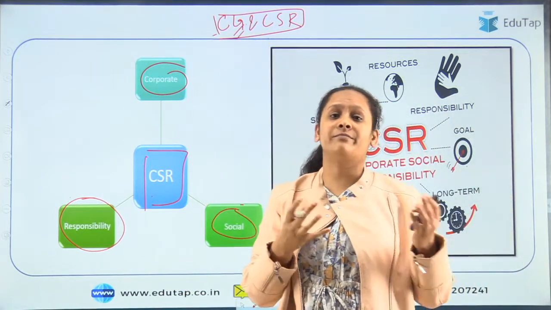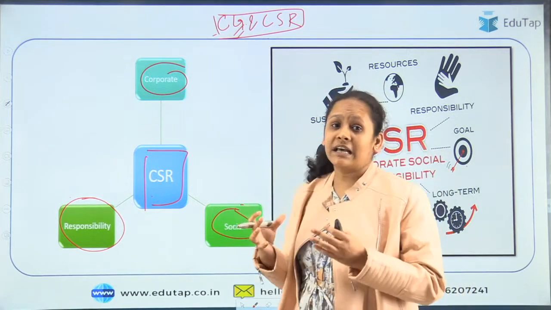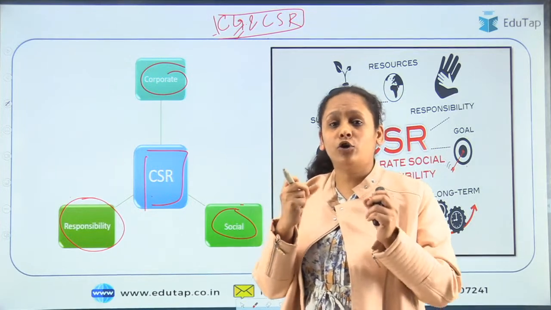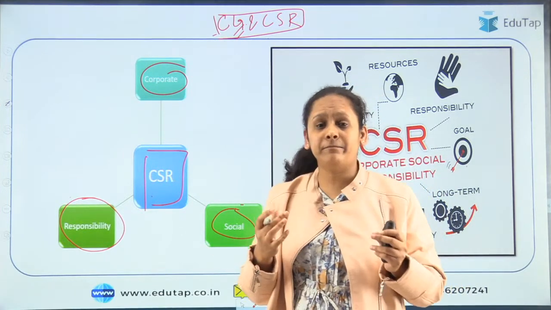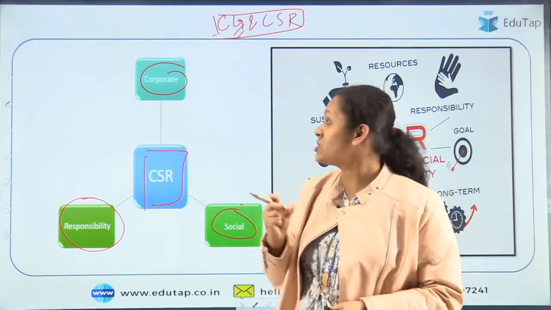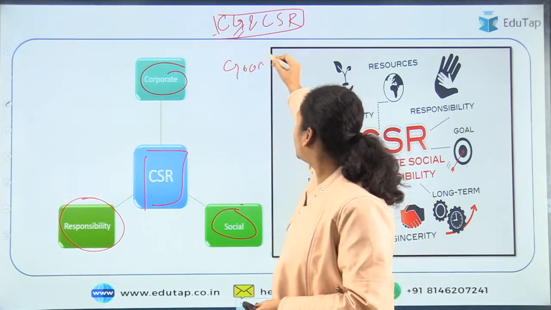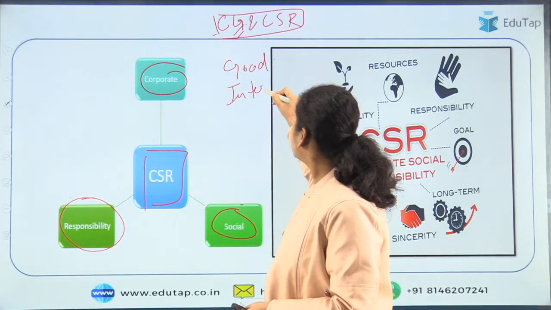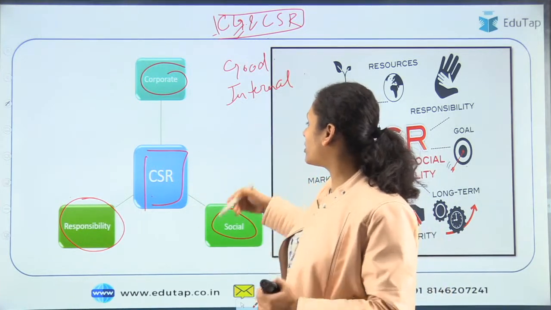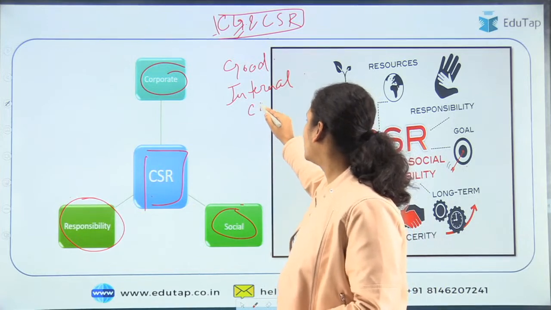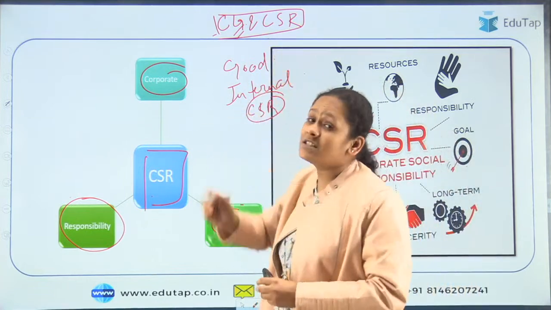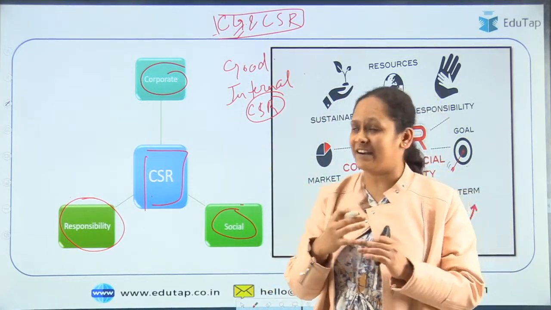It is the process or mechanism by which an organization is directed or is working. And when I say you are a good corporate employee, what do I mean? I simply mean that you're working in an organization which has a good internal corporate governance, and also externally it participates in various socio-economic activities through the process of CSR. Okay? So this is what I mean when I say corporate governance and corporate social responsibilities go hand in hand.